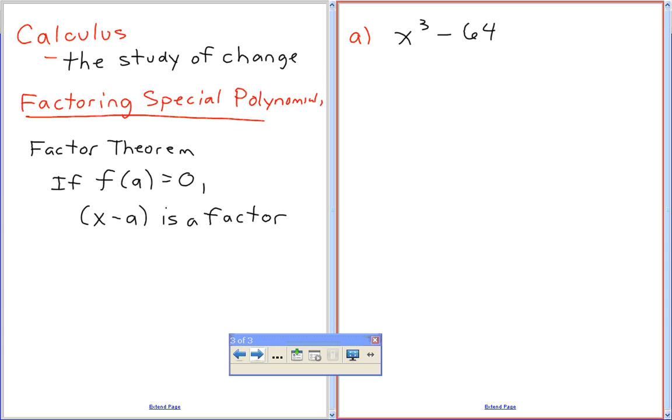What would be a good number to check? 4 might work. Where would you get 4 from? 4 cubed is 64. That's what I would try. So let's try f of 4. Then x minus 4 is a factor.